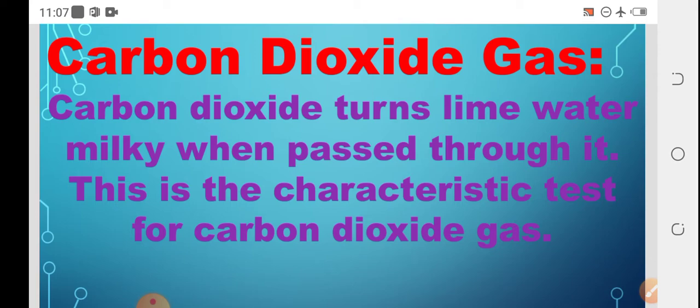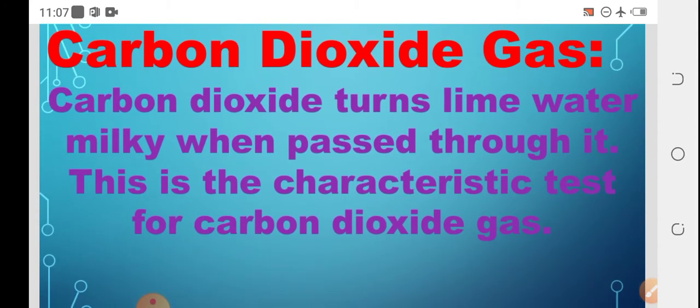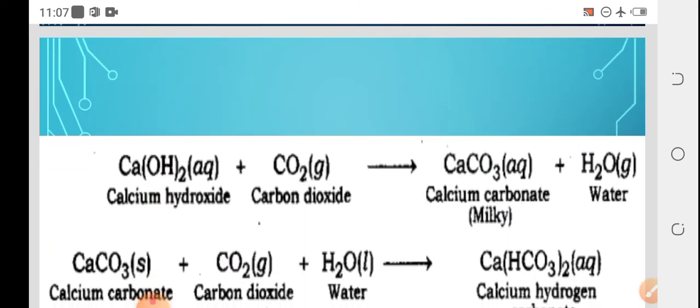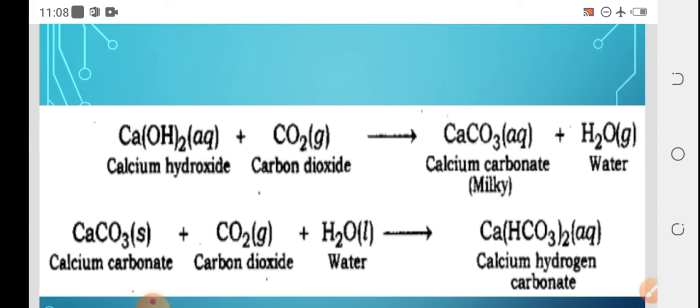We have an equation here: when carbon dioxide is passed through calcium hydroxide, the calcium hydroxide changes into calcium carbonate, which turns milky in color.